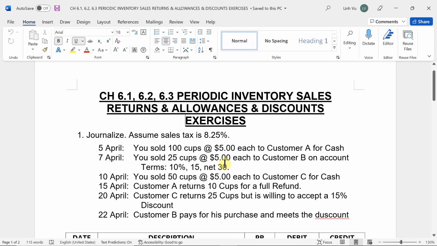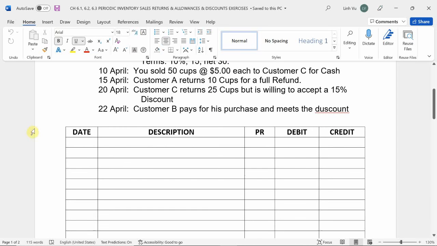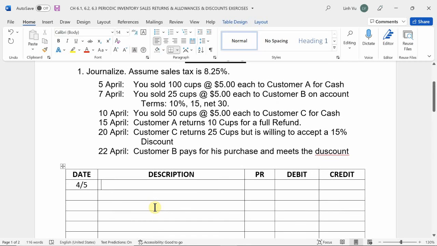So on April 5th, you sold 100 cups at $5 each to customer A for cash. Okay, so it is April 5th. We sold 100 cups at $5 each to customer A for cash.